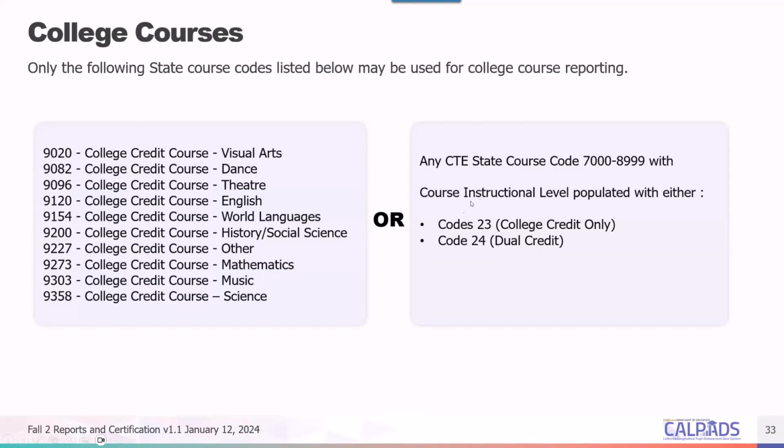And then if you have an MOU or articulation agreement for your CTE courses and your students receive college credit, you want to use the CTE state course code to show the content, and that is the CTE course. But you also want to use the non-standard instructional level code of 23 or 24, and that tells the CTC or CALSAAS that it's a college course. Primarily so that you don't get a predetermined exception.